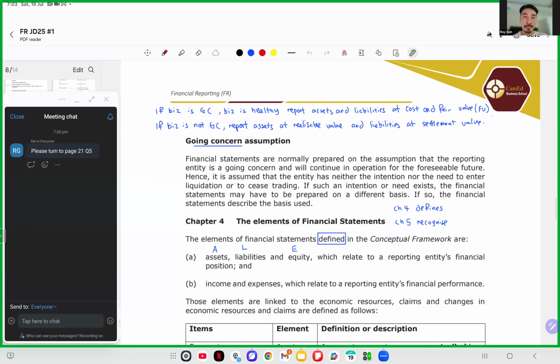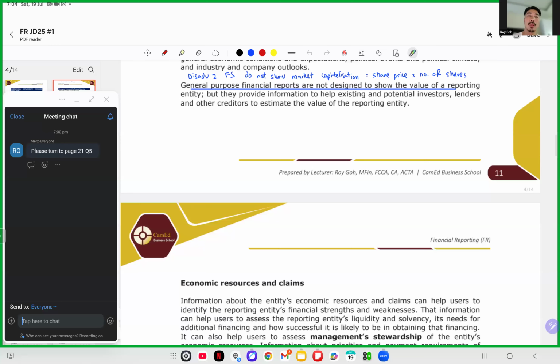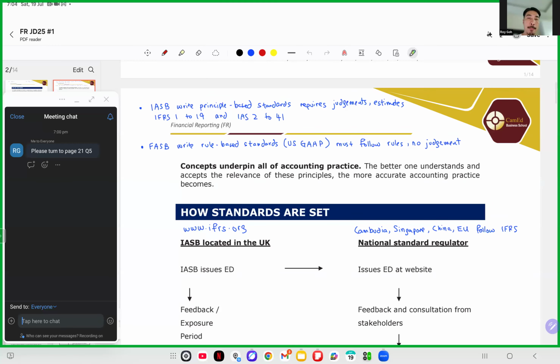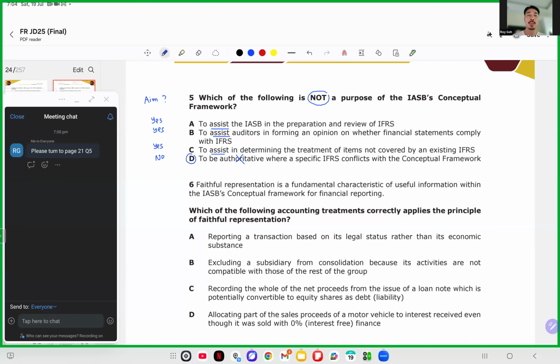US GAAP is a rule-based standard. So we have this page number 6 from last week. US GAAP, generally accepted accounting principles, are rule-based. The IASB writes principle-based standards. Therefore, let's come back to the answer. It is not authoritative. Authoritative means it is rule-based. So D is correct because it's not the purpose.